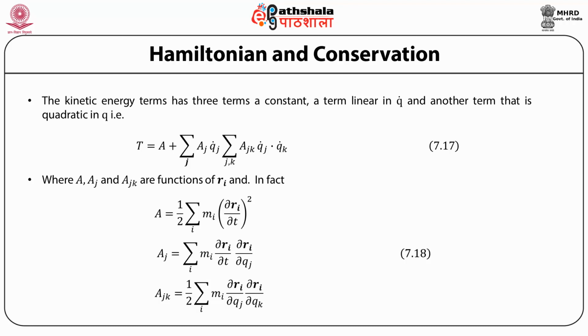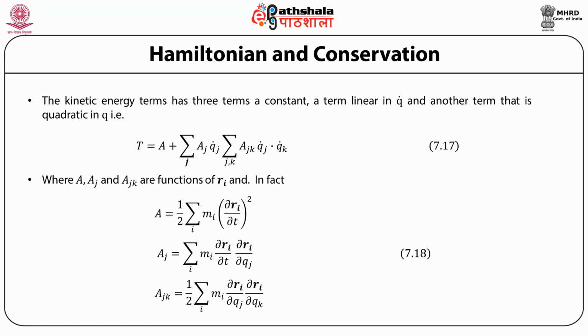So, for holonomic constraints which are also scleronomous, that is, the system is conservative and doesn't depend on time explicitly, the kinetic energy term then reduces to a purely quadratic expression in generalized velocities.